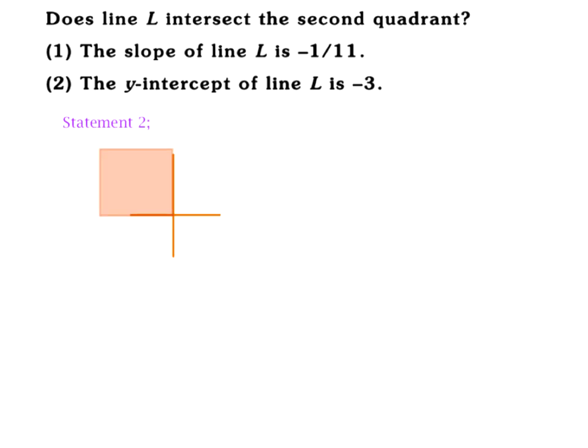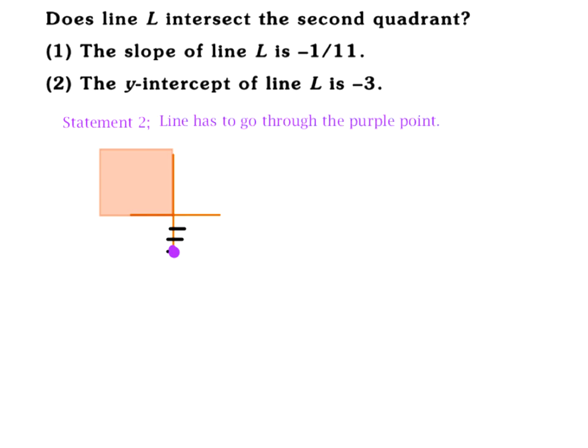Statement 2 means, visually speaking, that you have a y-intercept of -3, which means that you have to hit this point right there, that purple point. That means your line goes through the purple point. But that's all we know about the line, is that it goes through the purple point.